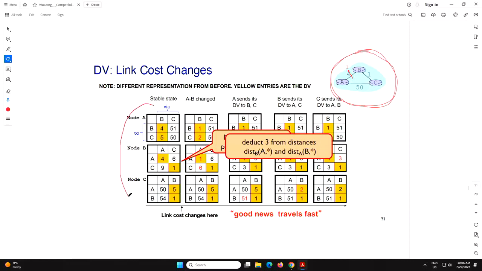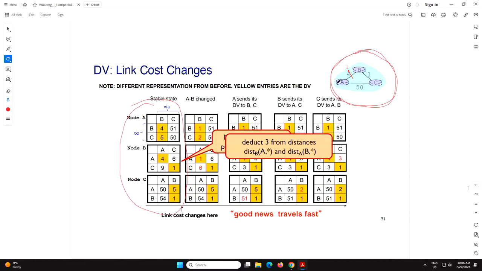So let's look at the routing tables, right? So these routing tables are shown slightly differently than we usually have done in the past. So let me just explain the format that is used in this particular slide.